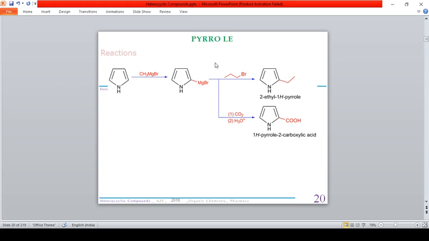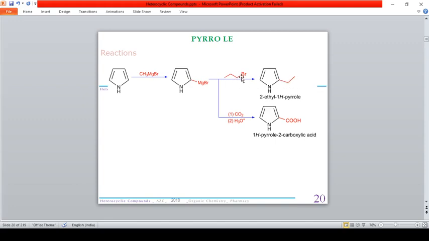Now on further reaction, we can get different kinds of products. If we react this with carbon dioxide and acidified water, we will get carboxylic acid substituted pyrrole. If we react it with bromopropylene, we will get a substituted pyrrole.